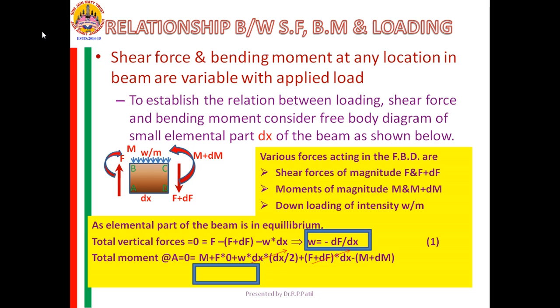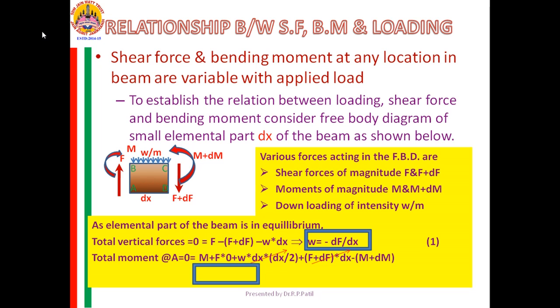Now here some of the terms are very small. Like dx is very small. You are multiplying it with dx by 2. Therefore that product becomes very, very small. And when you are adding it to something else, it can be ignored. Therefore here the product of dx into dx or dF into dx we are ignoring, throwing them out. Whatever is left out, you can see it.